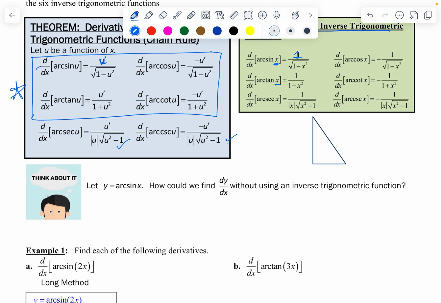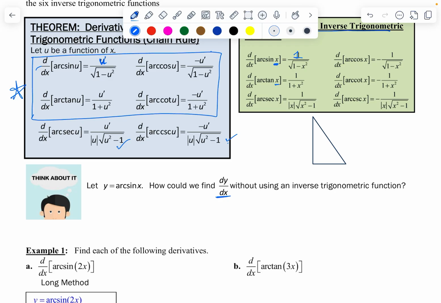So why does this work? We kind of started talking about this in class. Let's find dy dx. But we're going to rewrite this first or use implicit differentiation in order to do this.